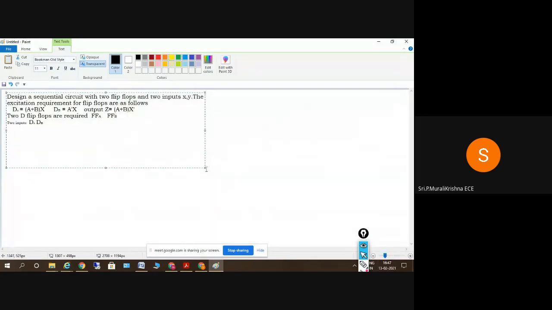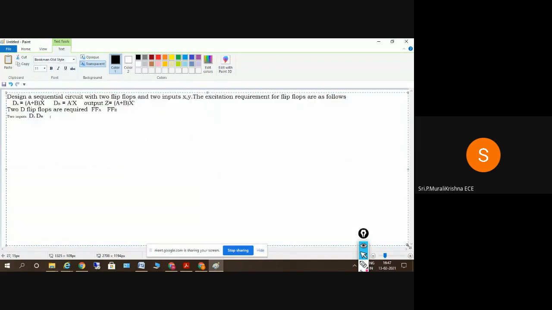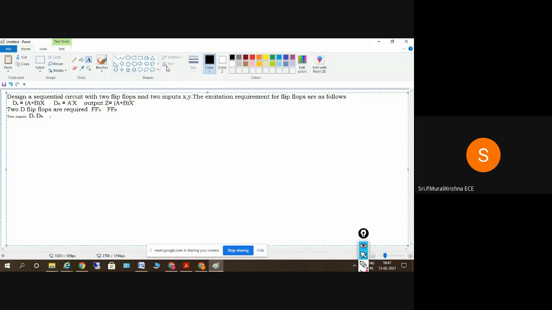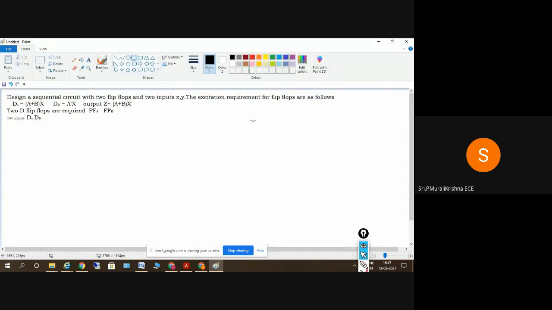This is the given problem, and so two flip flops. You can draw it side by side, or you can draw it up and down, no problem.